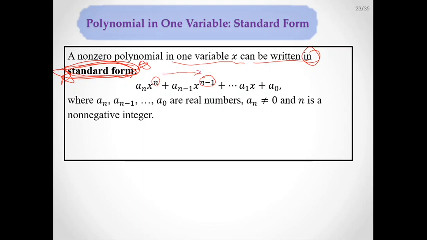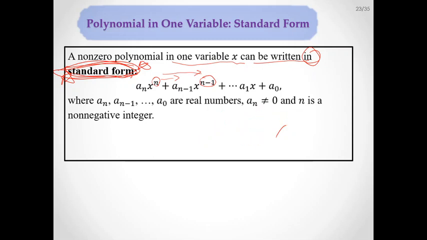You know that tartib, order, is important here. So if you have x cubed, you have x squared, x to the first. Some of them might not appear, but this decreasing order has to be there. It has to be in decreasing order. So n minus 1, n minus 2.